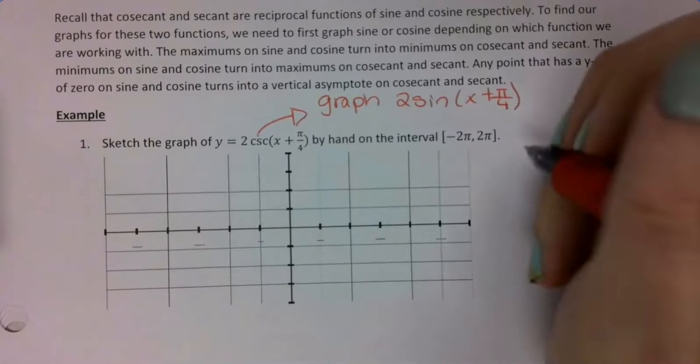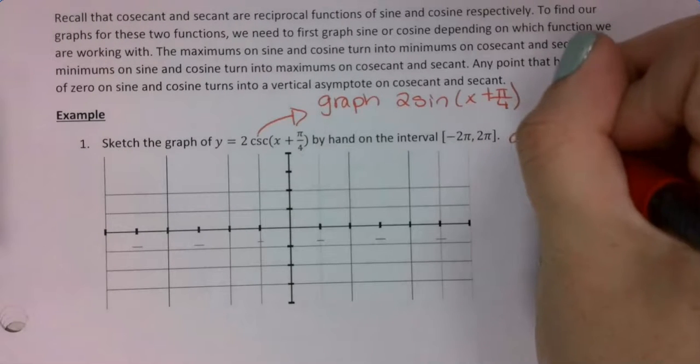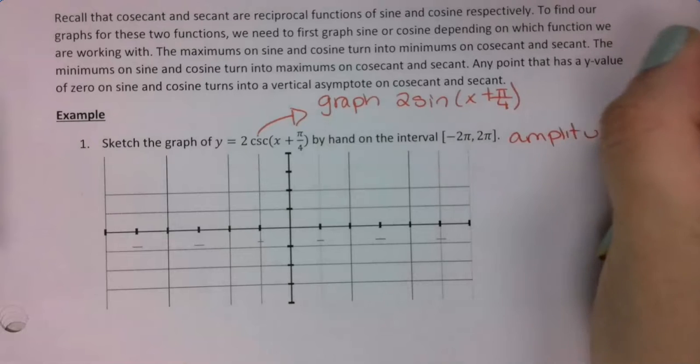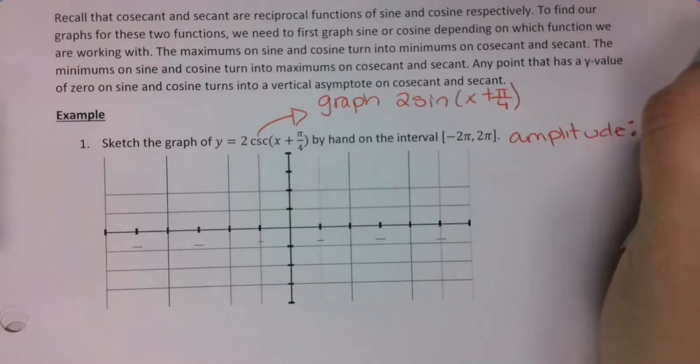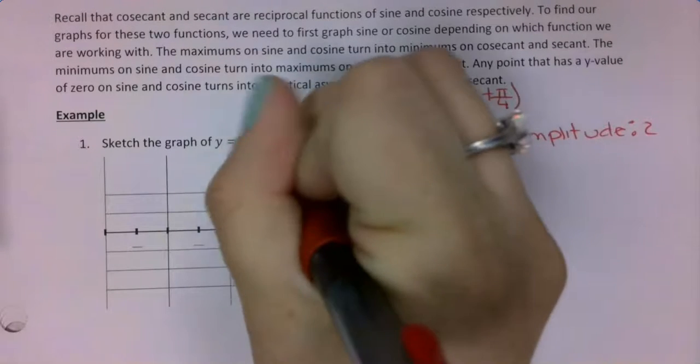Okay, so what is my amplitude? Okay, so that means my y-axis should go up to at least 2.